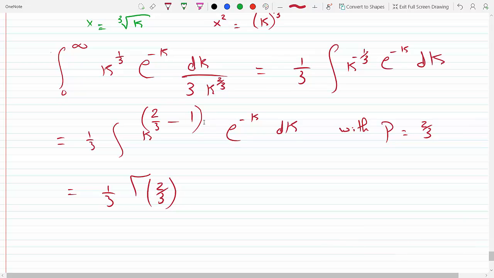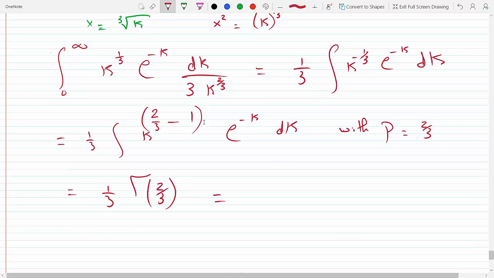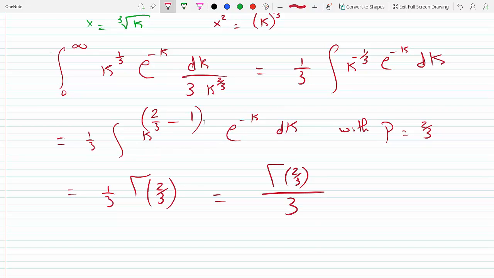And so the answer is finally gamma of 2/3 over 3, which I can evaluate either using a computer system, or I could use the original definition to evaluate gamma of 2/3, integrating to get the final result.